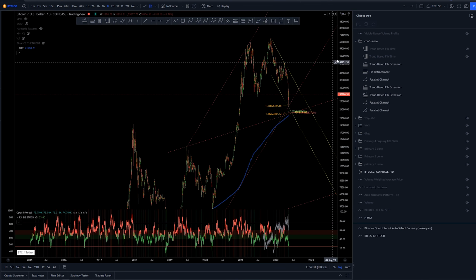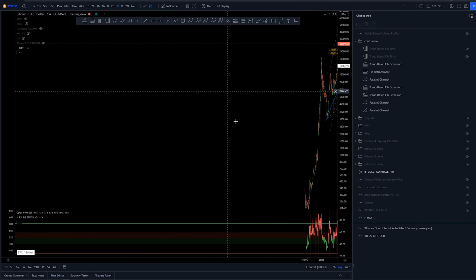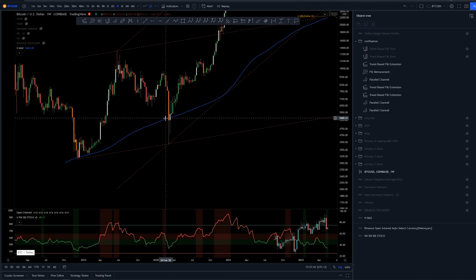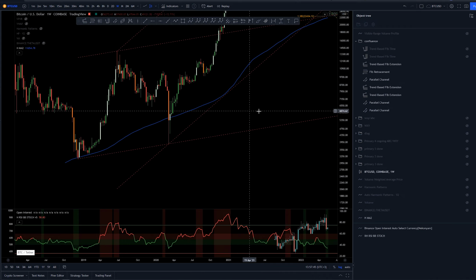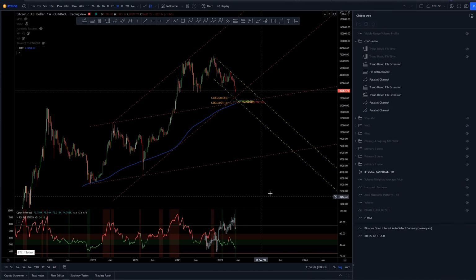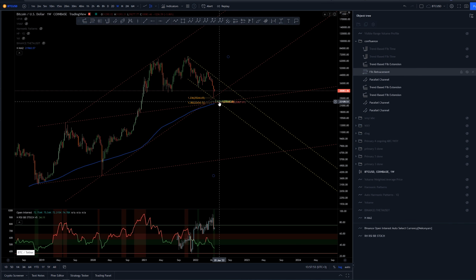We haven't wicked through the 200 weekly moving average on weekly too much. I don't think we have closed below it. Here we actually just closed, I guess we just closed below it, and just on the next candle we went through back again above it. But that's basically what I have for higher time frame. A lot of confluence around 23k.